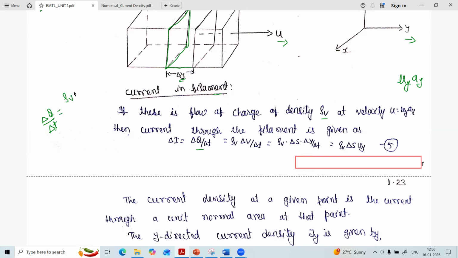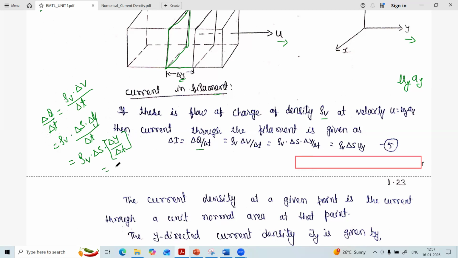It is rho V multiplied by the differential volume del V, divided by del T. We have just seen how we get del V: it is del S into del L, where del L is del Y for us, divided by del T. So finally, del S and del Y by del T becomes the velocity.